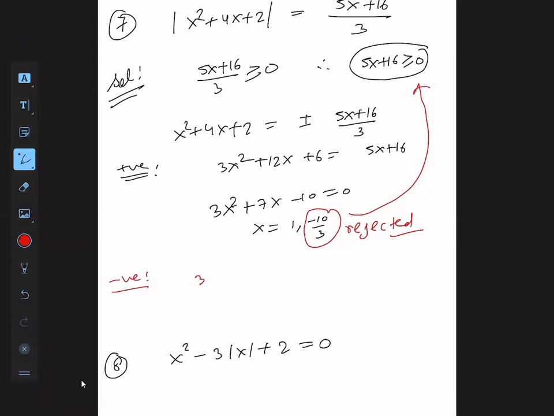Similarly, take the negative sign. So eventually I will get 3x square plus 17x plus 22 is equal to 0.